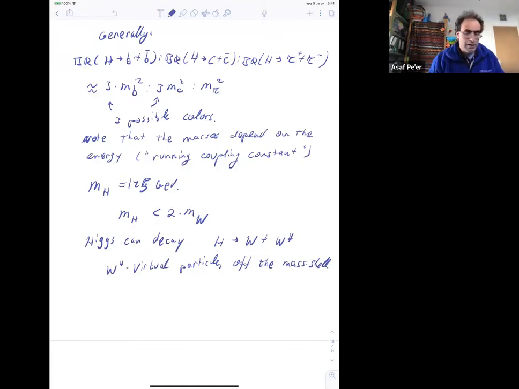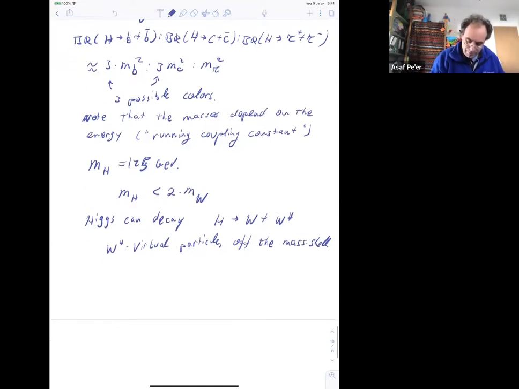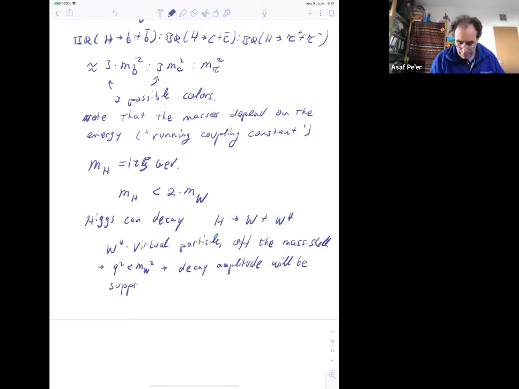Since Q squared is smaller than mW squared, the decay amplitude will be suppressed.